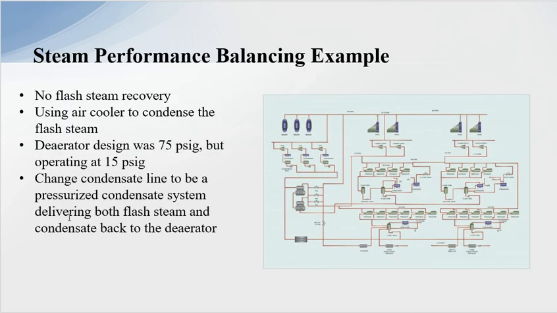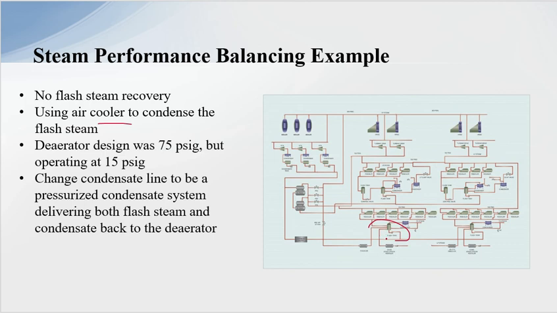The steam performance balancing example, no flash recovery. This is one example of what a balance diagram was. There was no flash steam recovery. They were using air-cooled coolers to cool down the flash steam down here in the system. The deaerator was designed for 75 psi, but it was operating at 15 psi.